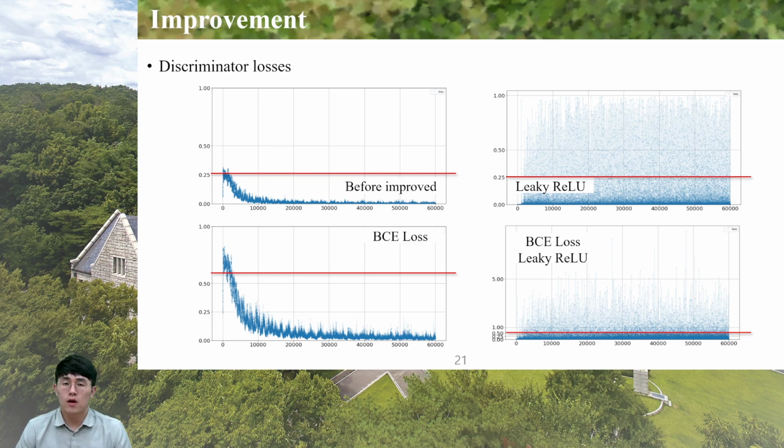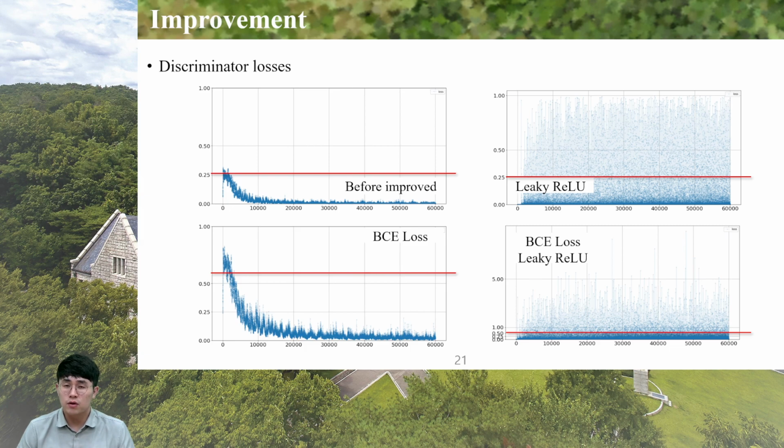The graph of the discriminator loss function is shown below when each method is applied. When BCE was applied, only the size of the value changed, but the shape of the graph remains unchanged. When Leaky ReLU is used, the loss value quickly converges to 0, with jumps in the middle.